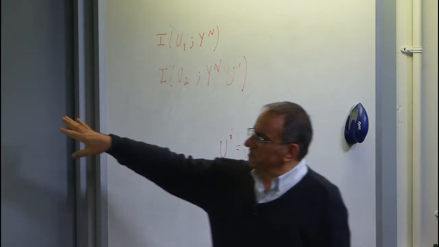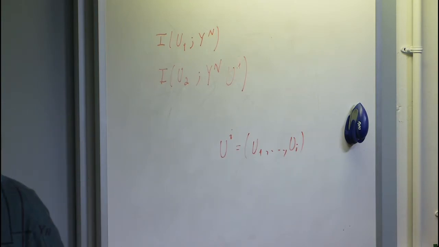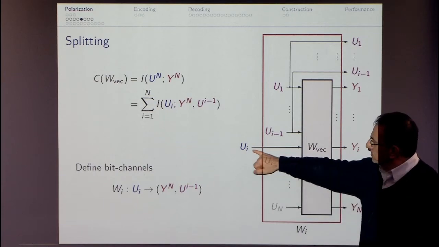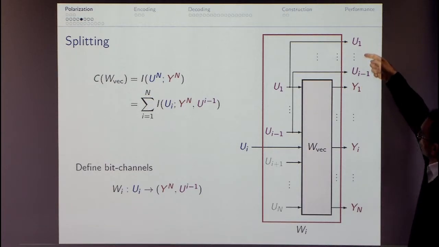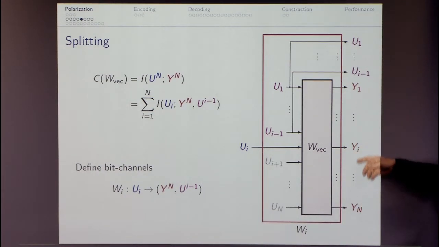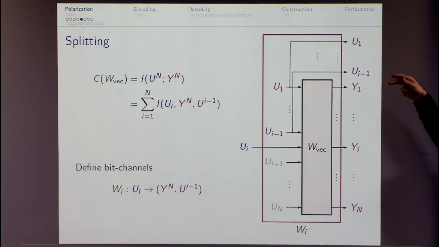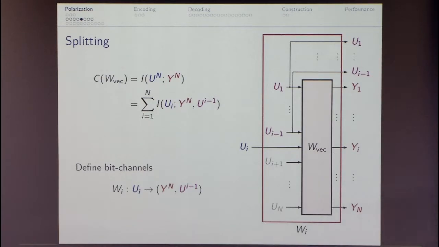So what we are looking at in this picture is the ith bit channel, whose capacity is equal to this term here. So the ith bit channel has input U_i, and the output consists of all the things that are seen in here. So we see the entire vector Y, plus all the previous channel inputs, the inputs to the previous bit channels, in other words.